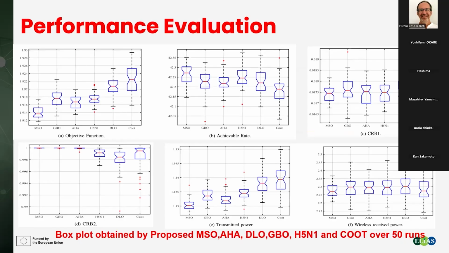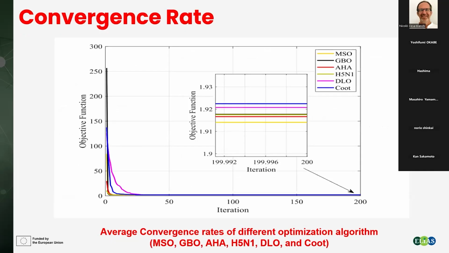Also, this is a box plot for the Mirage Surge Optimizer compared on the objective function, achievable rate, and other performance metrics, which confirms its efficiency. We also compared the convergence rate, and the Mirage Surge Optimizer achieves better convergence in fewer than 50 iterations.